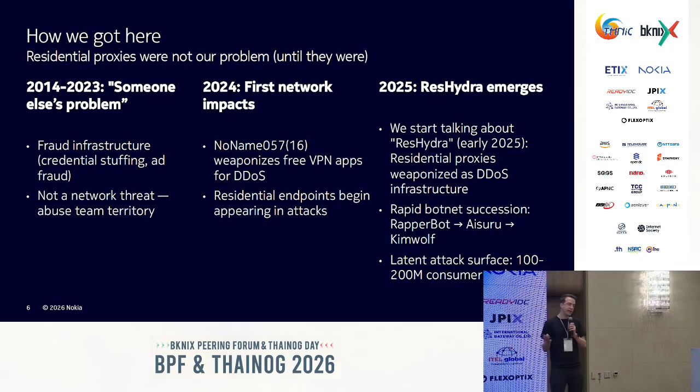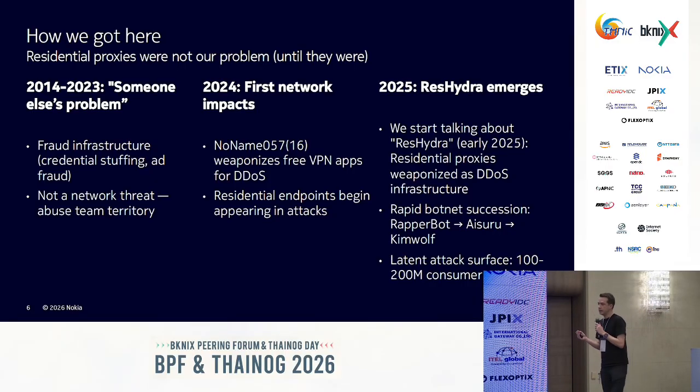So when we look at the residential proxy problem, at least from the perspective of a network operator, it is not something that we had to care about too much in the past, because it was mostly something that the abuse teams cared about, but not really something that mattered at the level of the network.